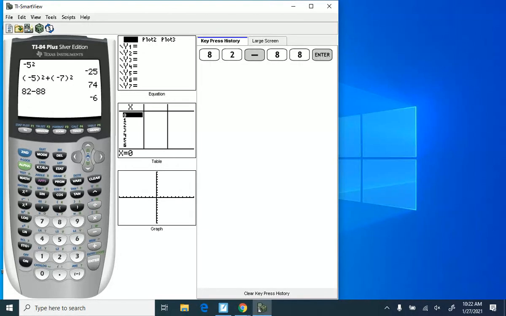Hit enter, we get -6. Don't have to do anything but hit your square button right here. Take your answer and square it. That gives you 36. A lot of this you can do mentally. Don't need a calculator.